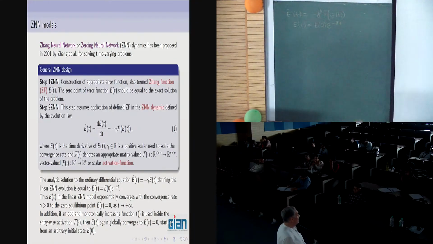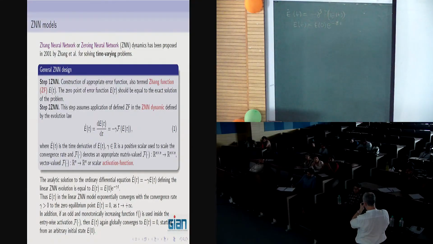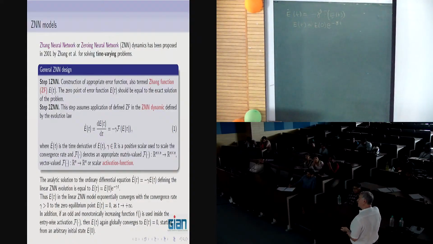But we want E of t to be forced to 0, because we will define E of t such that the zero of E of t is the solution of our problem. Because of that, such neural networks are called zeroing neural networks.